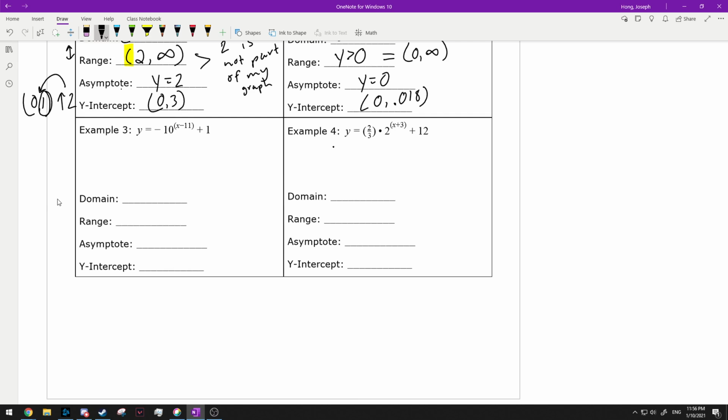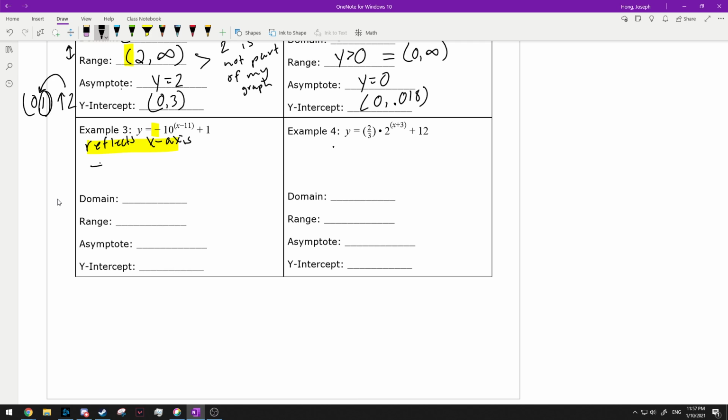Let's try another example. Example 3. So lots of things are happening here. 1, 2, 3 things are happening. So it reflects. I guess I'm going to erase all these. And then it reflects over the x-axis, which is this.